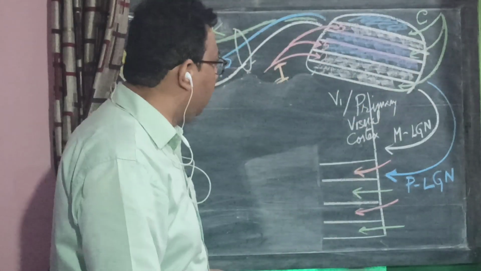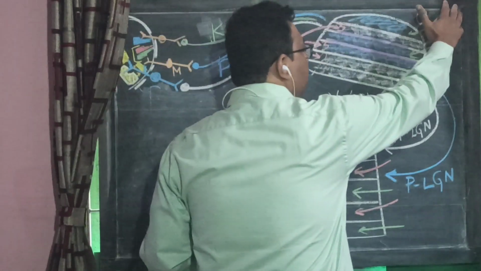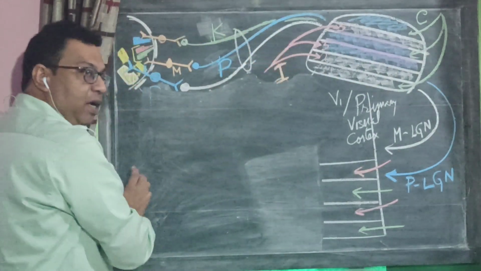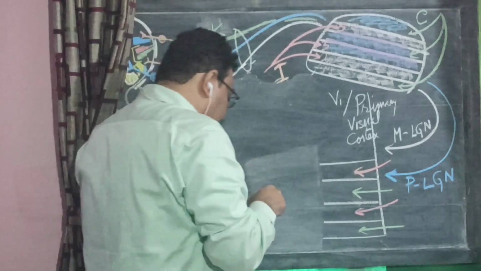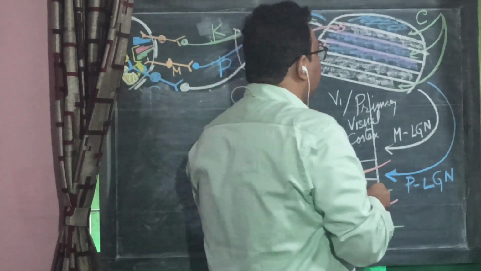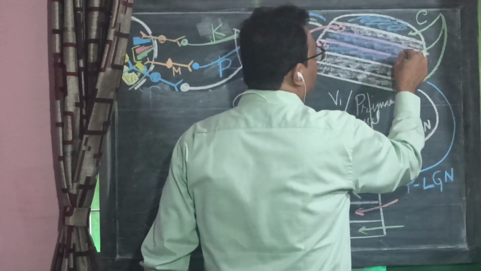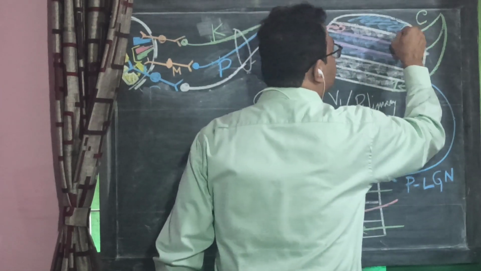The same is the case with the contralateral fibers, fibers which are coming from the nasal aspect of the other eye. They are signaling to a different strata. So obviously the strata are 1, 4 and 6.